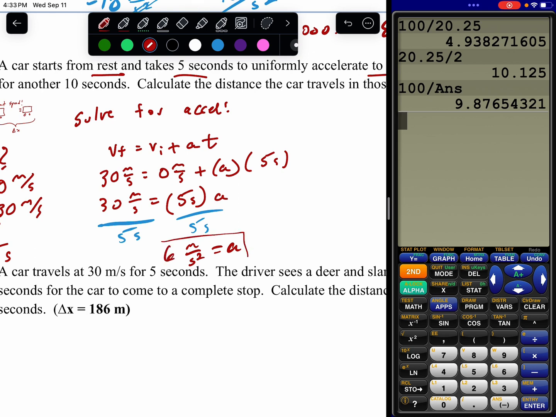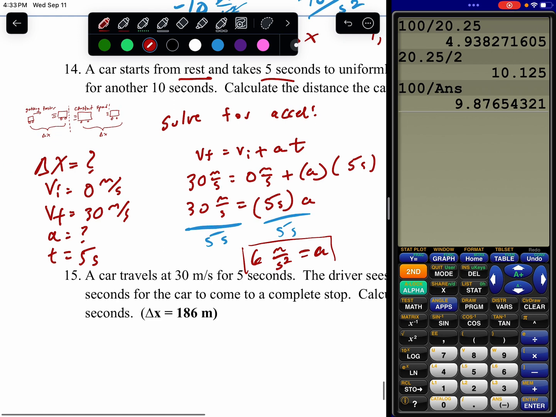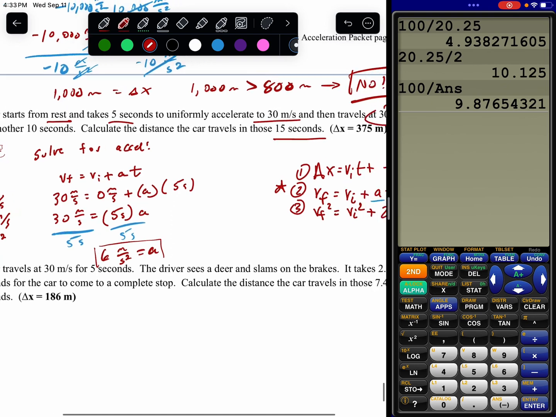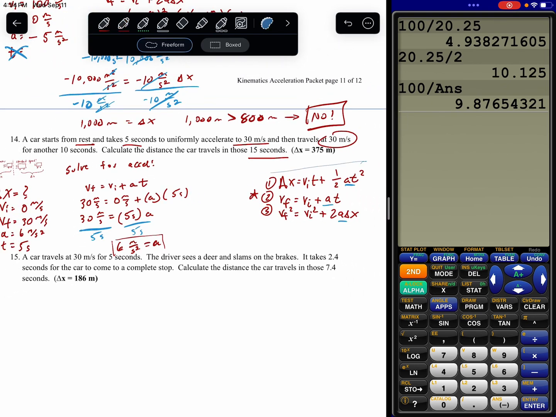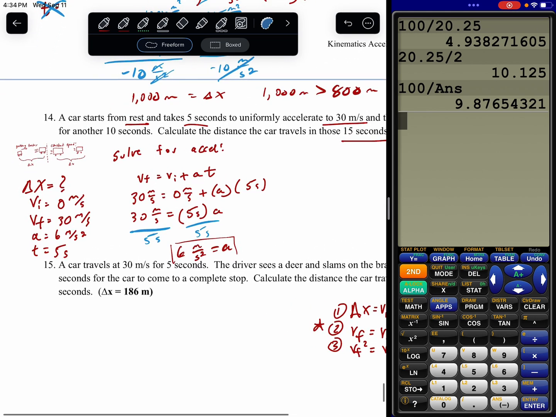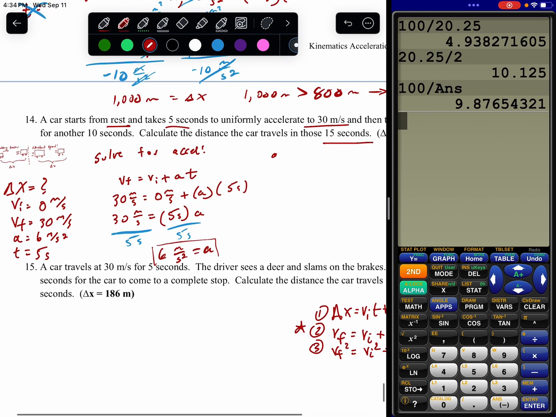So that is our first step. We have 6 meters per second squared of acceleration. Let me put that in there. Awesome. Now we can solve for delta x. Let me grab this and bring this down here. So that's solving for acceleration. Now get delta x.